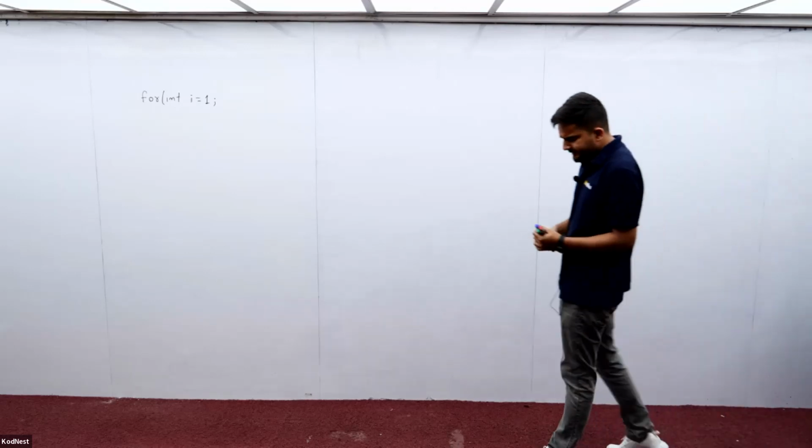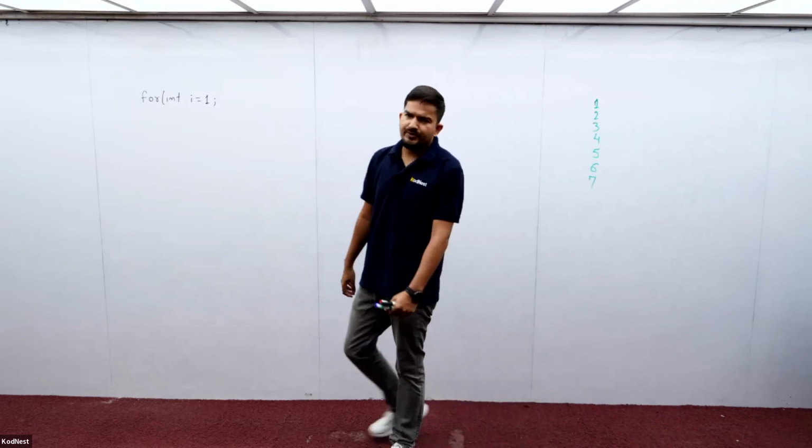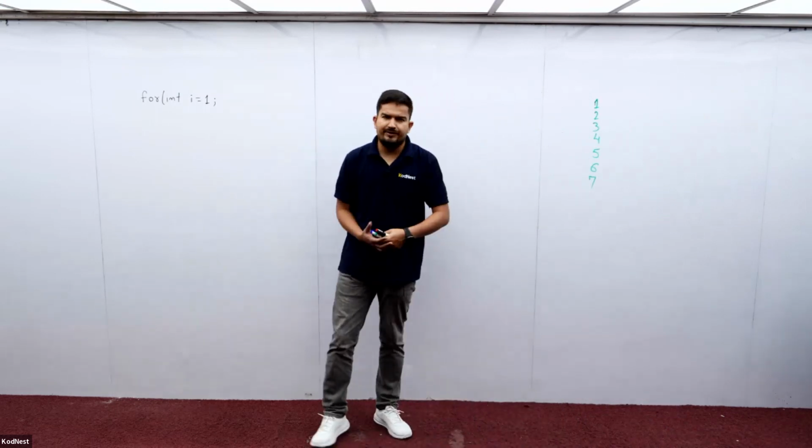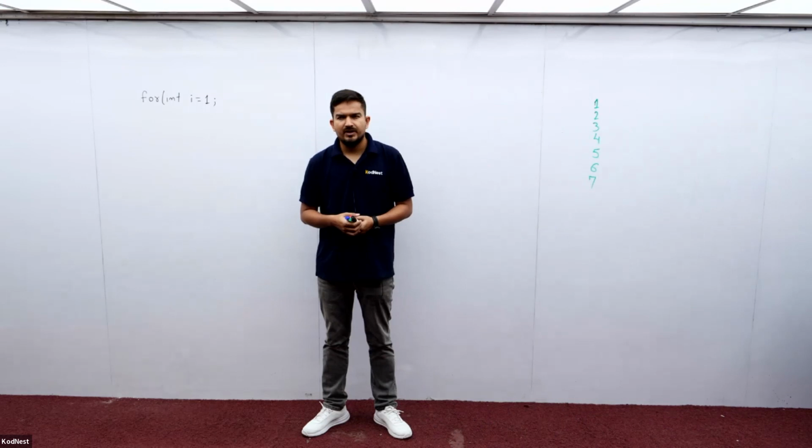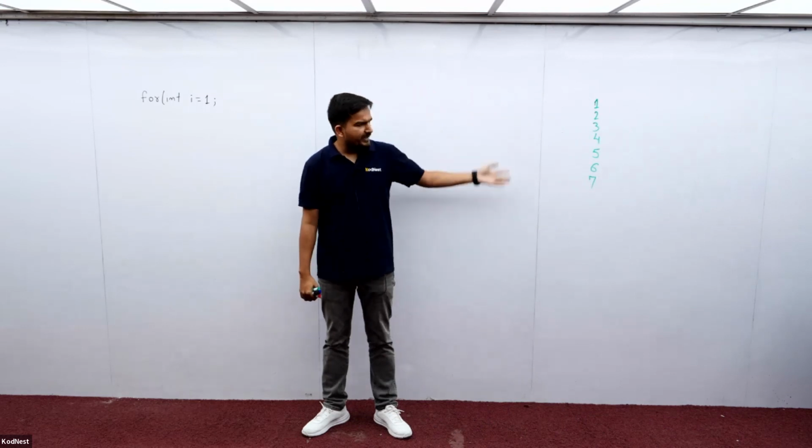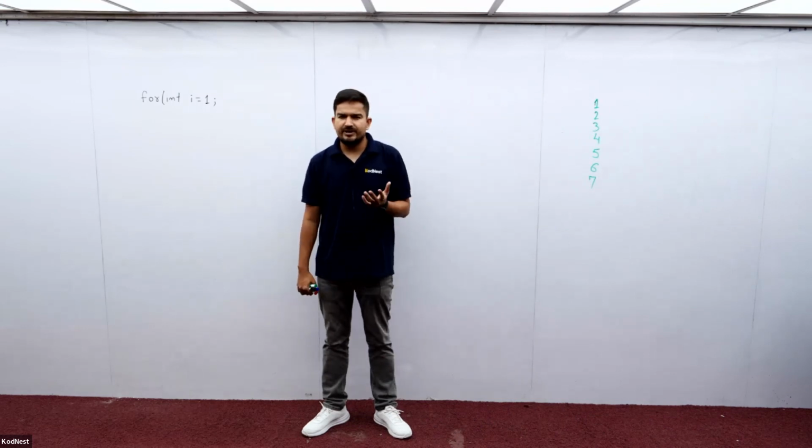Okay, please see here. What we have to do is print from 1 to 7. We know that whenever we have to do the same work again and again, we use the concept called loop. Without the loop, we could say System.out.println 1, println 2, println 3, up to println 7.